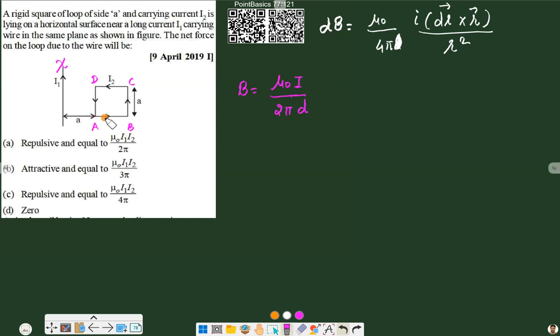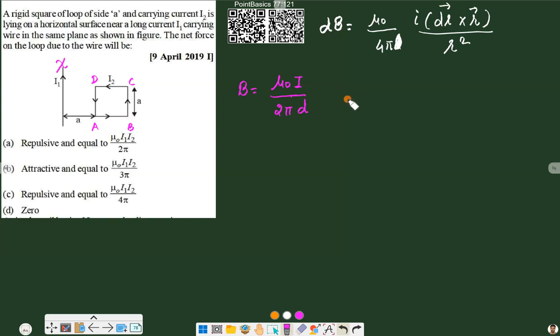But regarding AB, as the distance from A to B is increasing, the value of the magnetic field will also keep on changing. It will become difficult to find the magnetic field acting on AB.